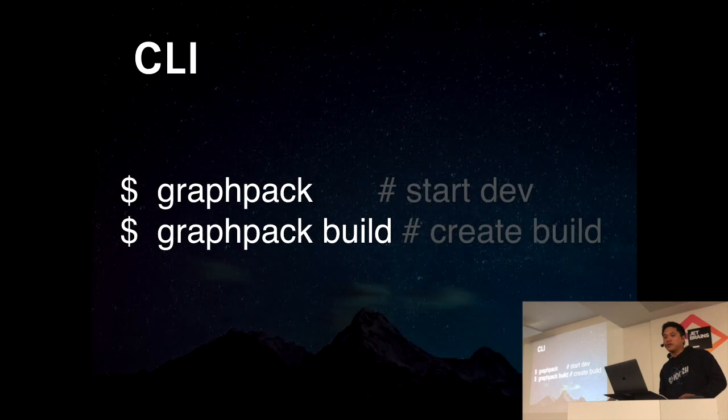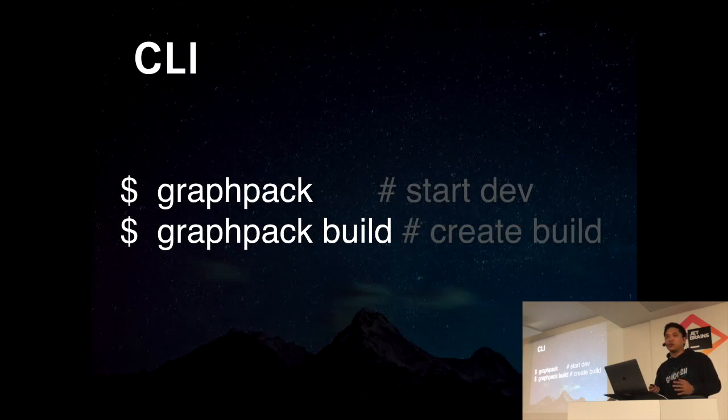And the second command is graphpack build, which maybe is too obvious, that creates a build for you. So after you're done with everything, that's something that you put into your CI, that creates the build, and that has everything optimized.